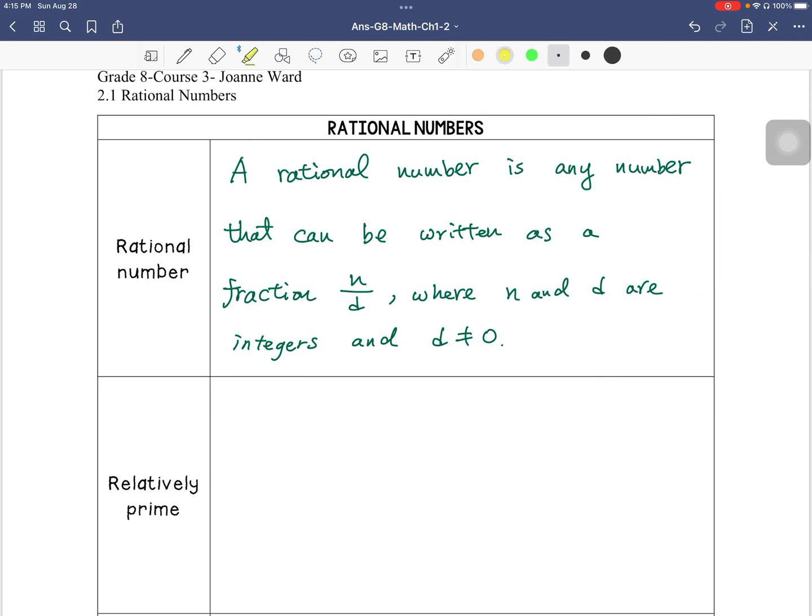So a rational number is any number that can be written as a fraction where d does not equal 0.